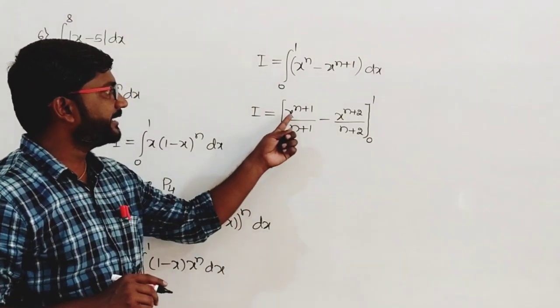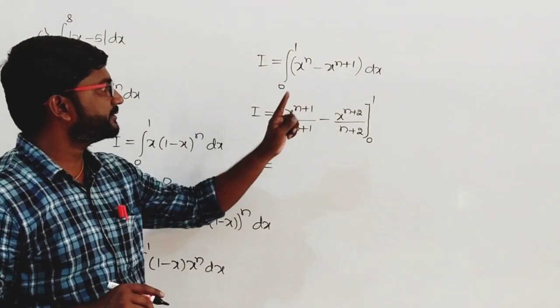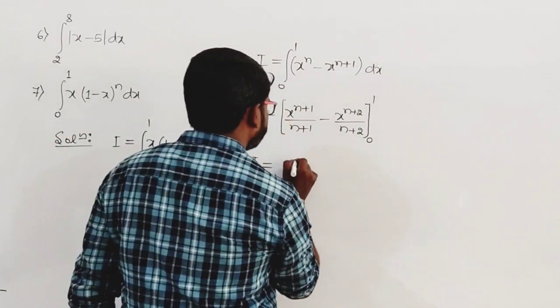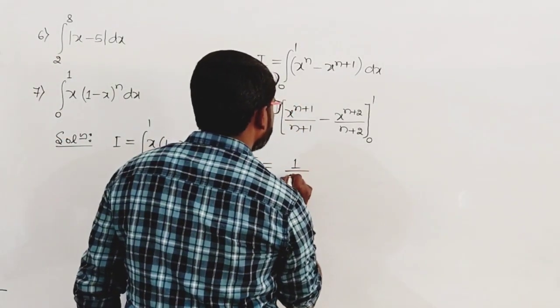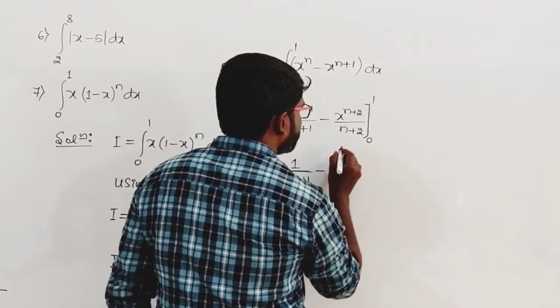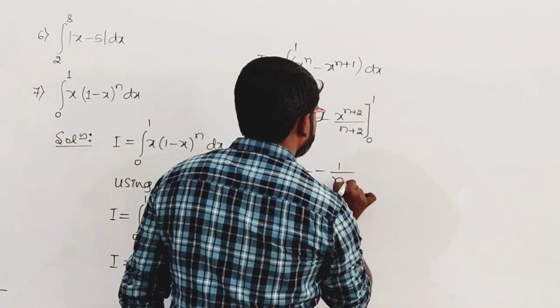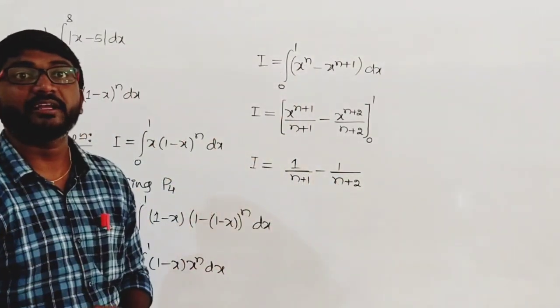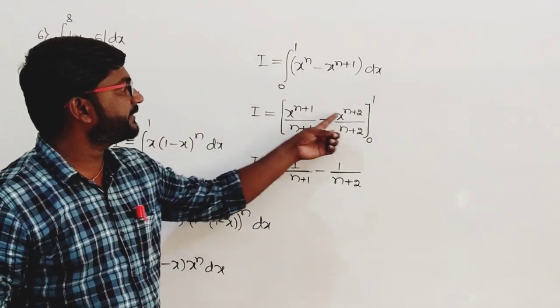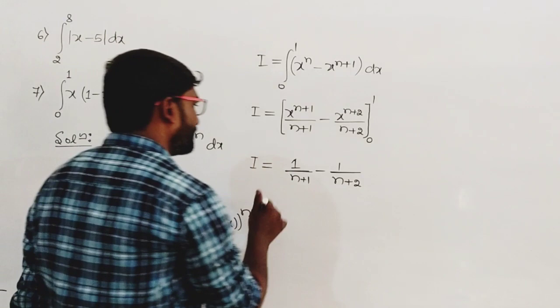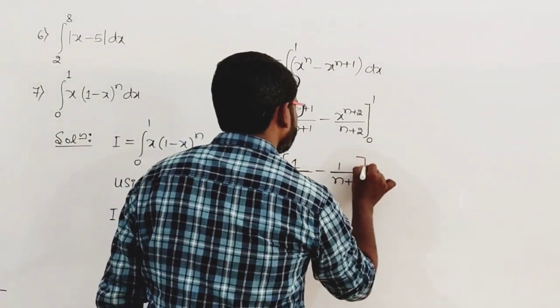In place of x you write 1 to the power n plus 1 divided by n plus 1. 1 to the power n plus 1 will be 1. So 1 divided by n plus 1, and then minus again 1 divided by n plus 2, then minus the lower limit. Lower limit means in place of x you will have to write 0. Anyway it is going to be 0, so I am not going to consider that term.